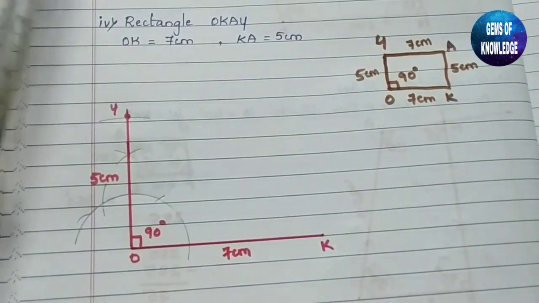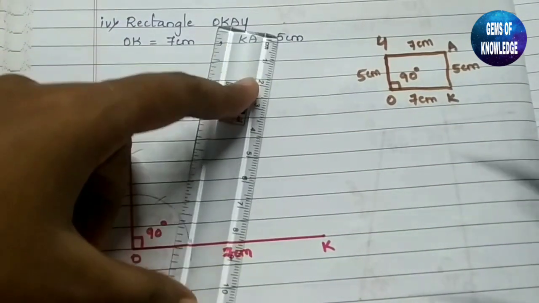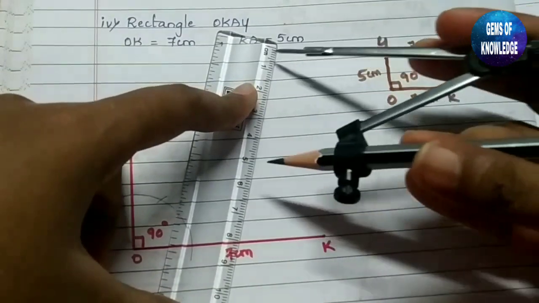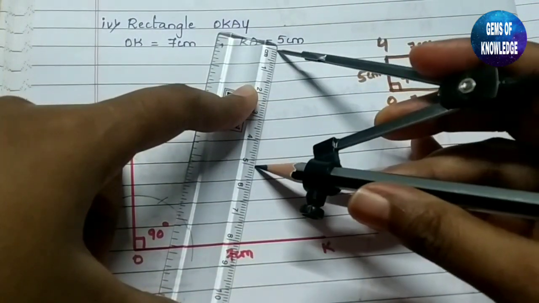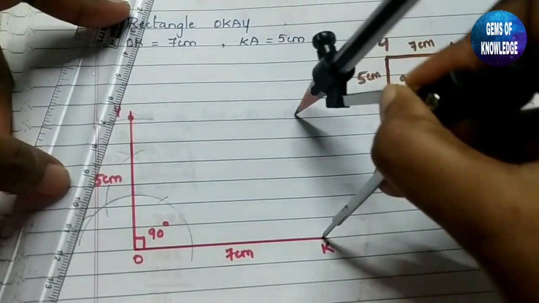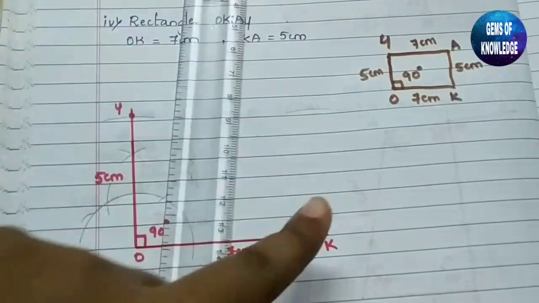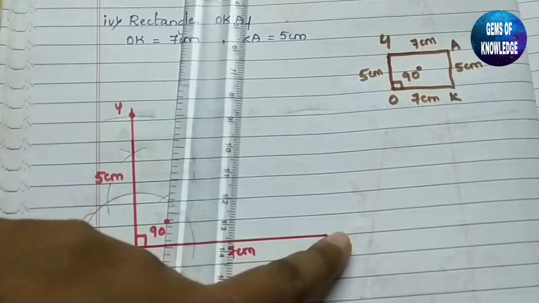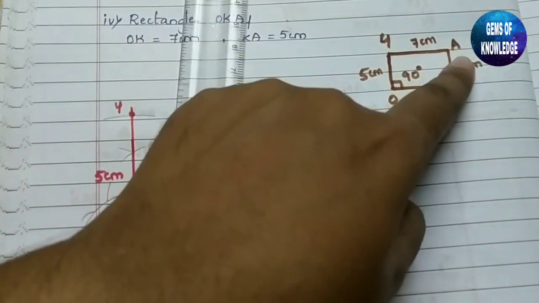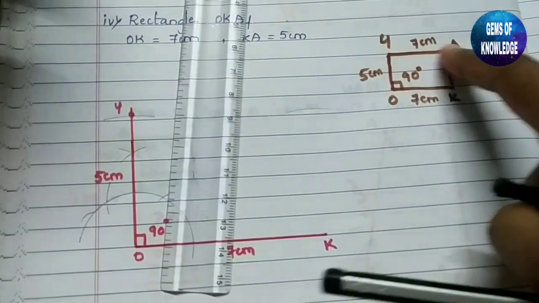Then we need one more point here which is of 5 centimeter. So with the same measurement of 5 centimeter, I will draw one more arc over here, and you can see this is of 5 centimeter. From here I need a 7 centimeter line.